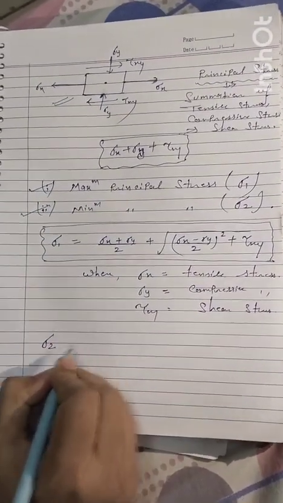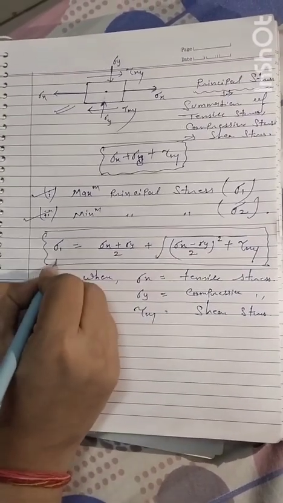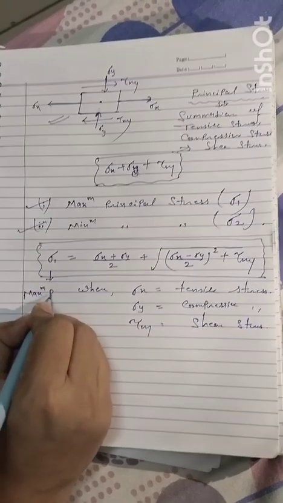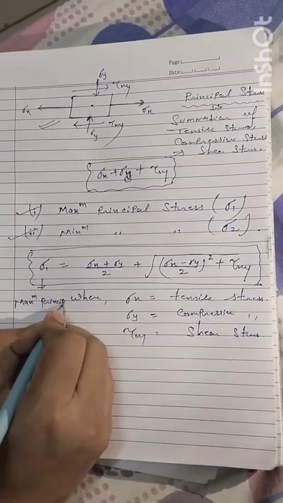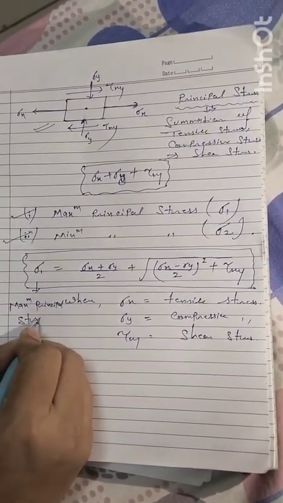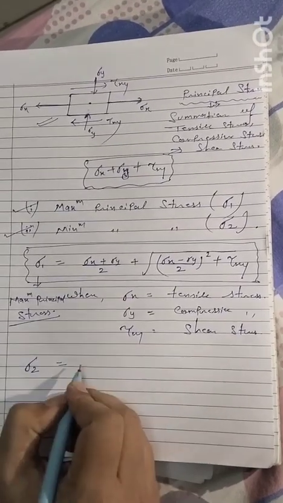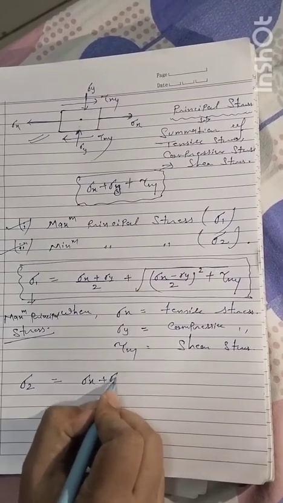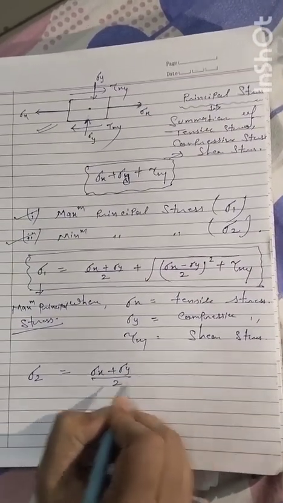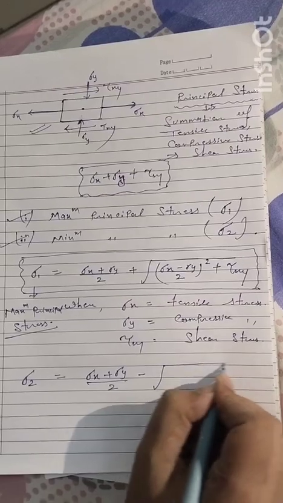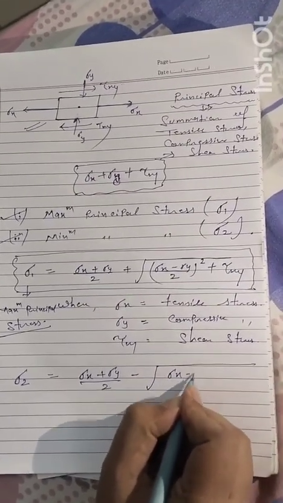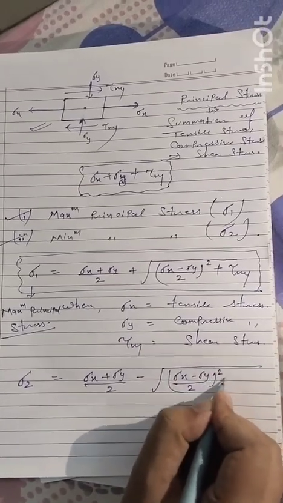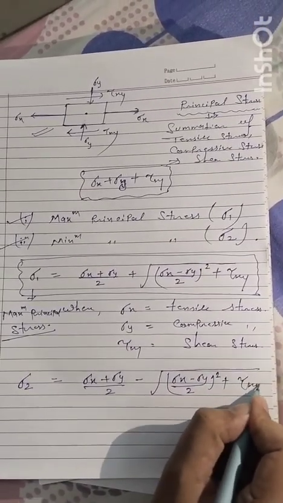Now we have minimum principal stress. The formula for minimum principal stress: sigma 1 will be called maximum principal stress. So sigma 2 is equal to sigma x plus sigma y divided by 2 minus under root sigma x minus sigma y divided by 2 whole square plus tau xy.